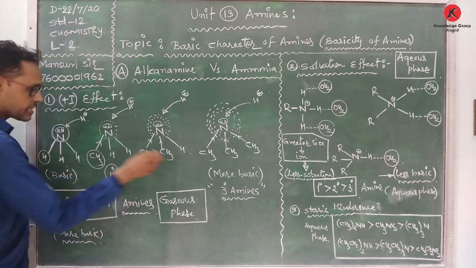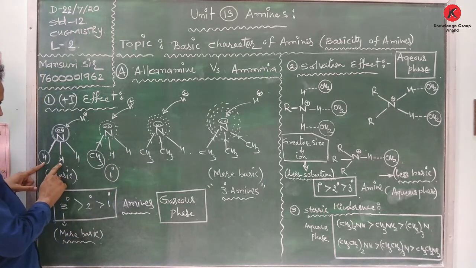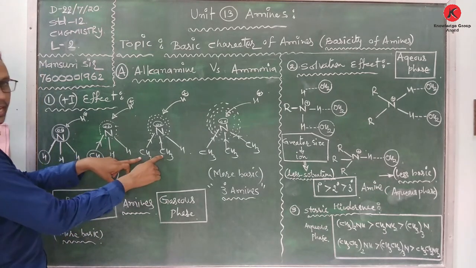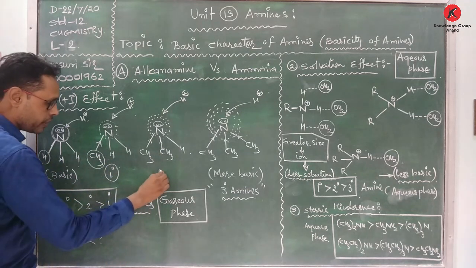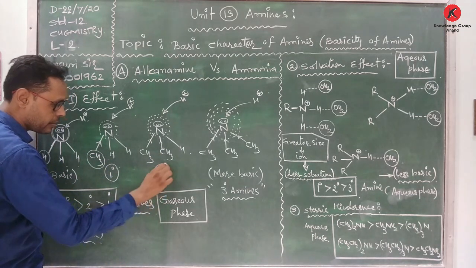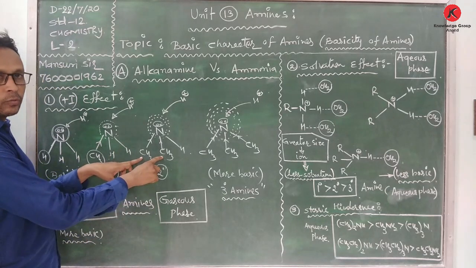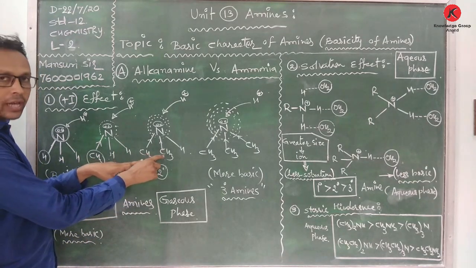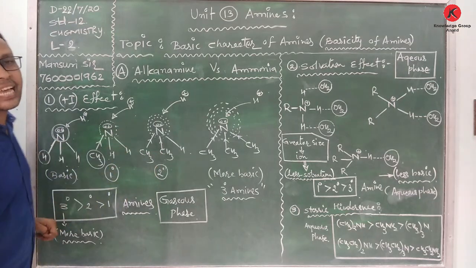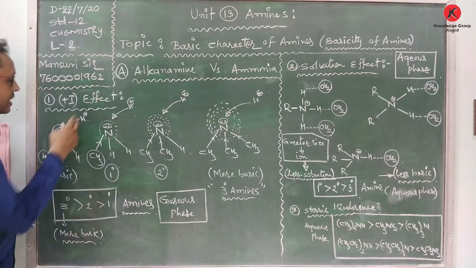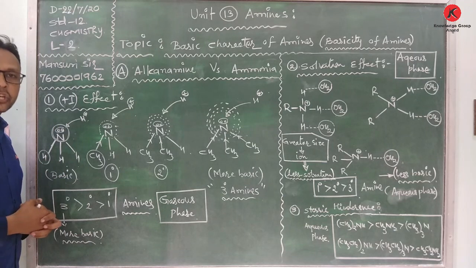But in this case, two hydrogens are replaced by two methyl groups. That means a secondary amine is formed. This secondary amine has two methyl groups, and these two alkyl groups release electrons because they have plus I effect.